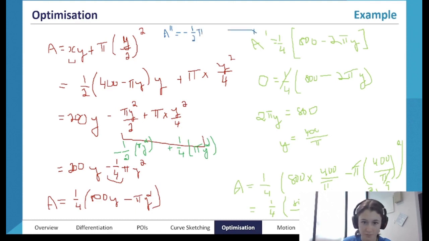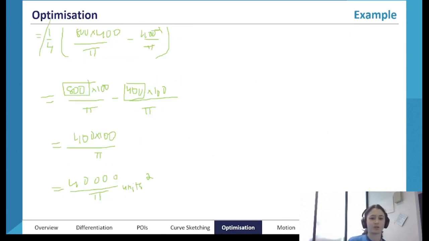And this is just from deriving our first derivative, of course. Because this is negative, it means that this curve is concave down constantly, which means that our point is a local maximum. So that is that question done.